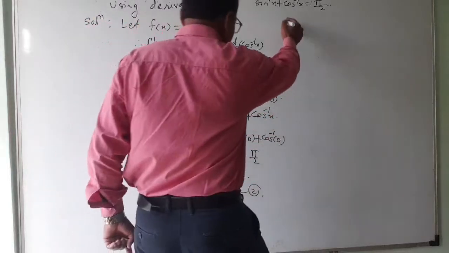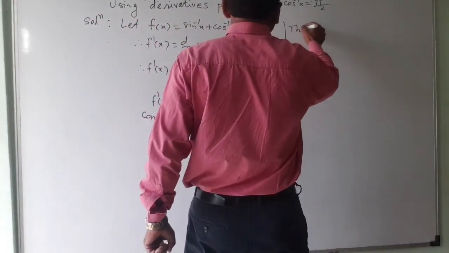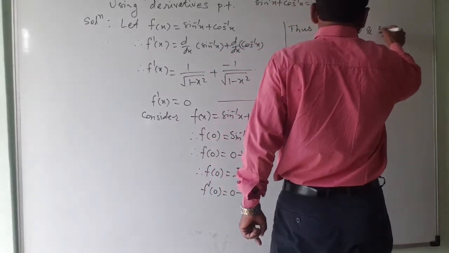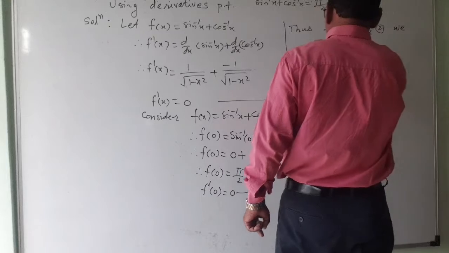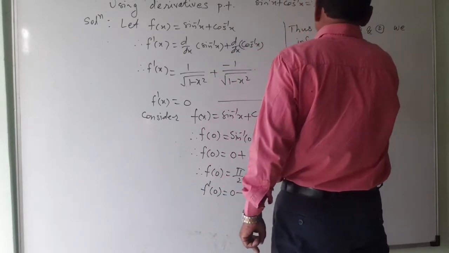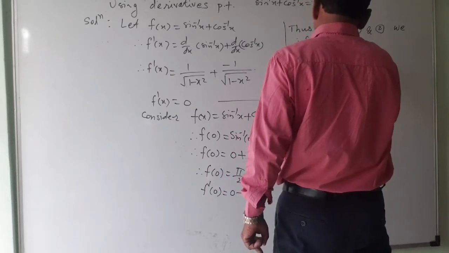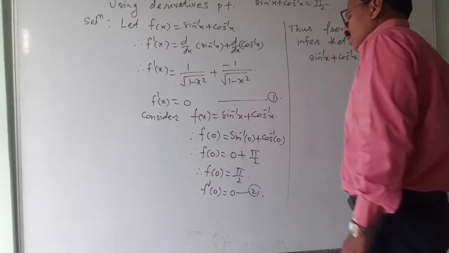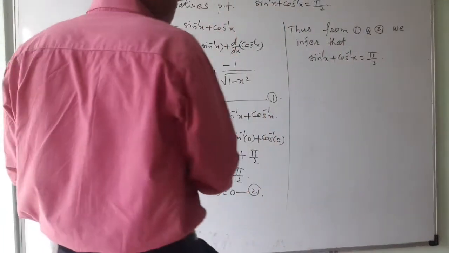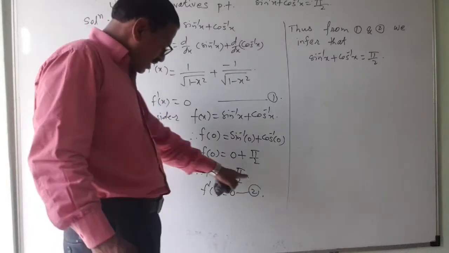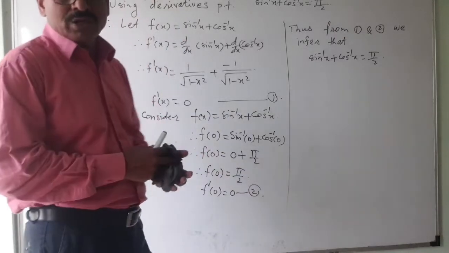Thus, from 1 and 2 we infer, that is, conclude, that sin inverse of x plus cos inverse of x is equal to pi by 2. Don't forget this. So this way you can go. Or otherwise you can give this as 2 and that as 3, but go systematically.